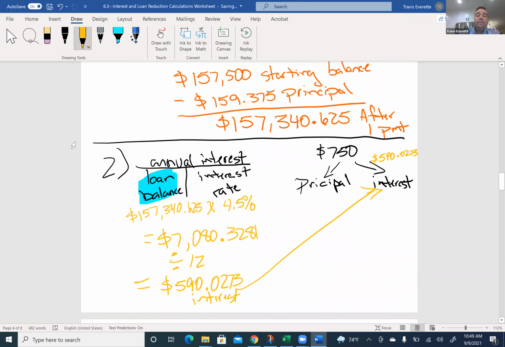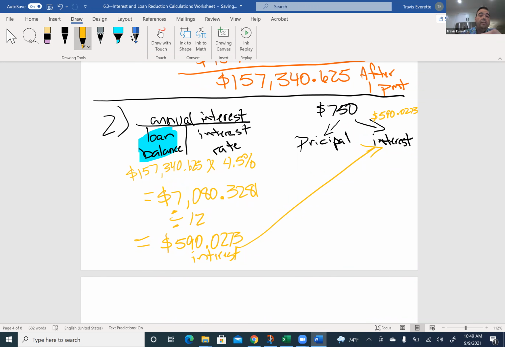We can simply take a look at, and I'll switch back over so I can keep my colors consistent here, okay, well, of that 750, we're losing 590.0273 in interest, which is slightly less than we were losing in month number 1. So we type that, 750 minus 590.0273.